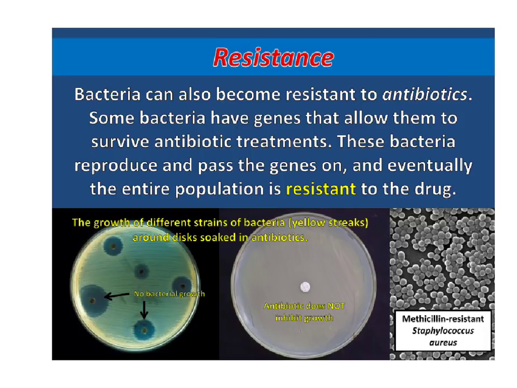Bacteria can also become resistant to antibiotics. Some bacteria have genes that allow them to survive antibiotic treatments. These bacteria reproduce and pass the genes on, and eventually the entire population is resistant to the drug.